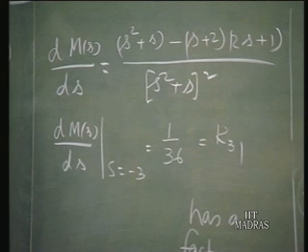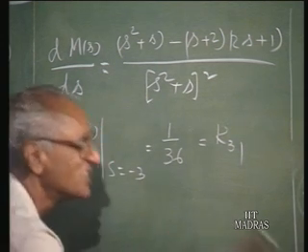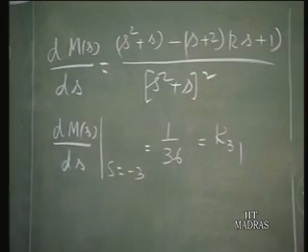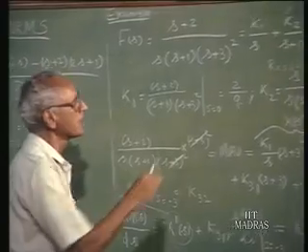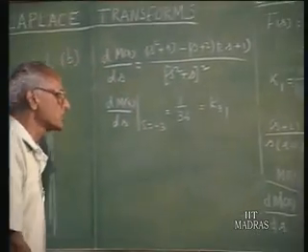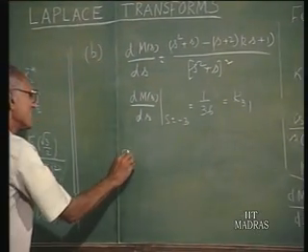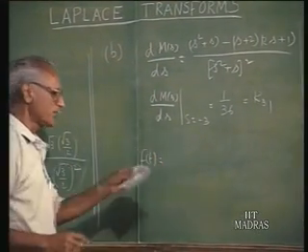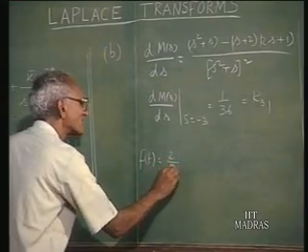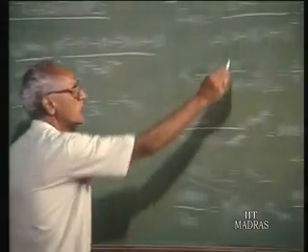So the upshot of this is the required partial fraction expansion will be k1 over s, k2 over s plus 1, k31 over s plus 3 and k32 over s plus 3 whole squared, where all the residues are found out. Therefore, f of t will be equal to, corresponding to the first term k1, that is 2 upon 9 over s.